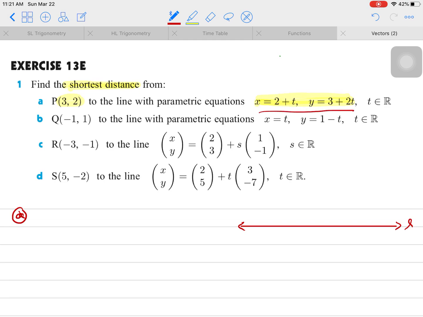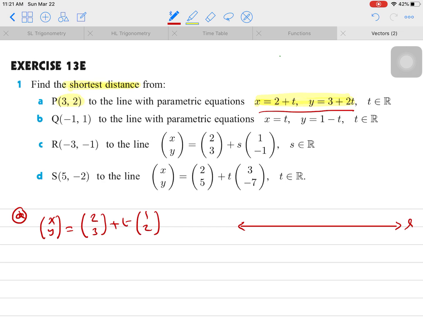From this equation, I can pick up the direction vector for the line. The direction vector is the coefficient of the parameter. If I write it in vector form, it is (x, y) equals (2, 3) plus t times (1, 2). It's the same thing.